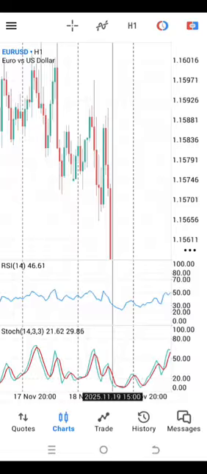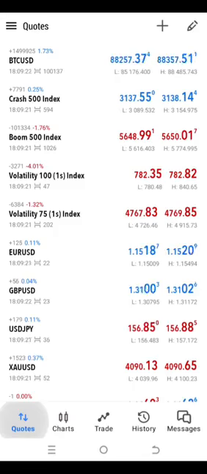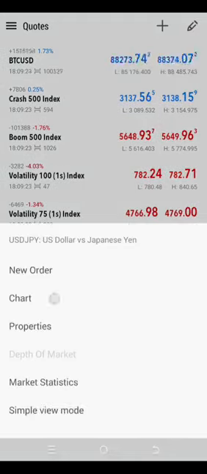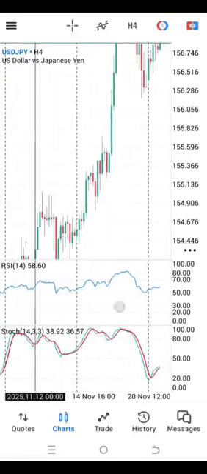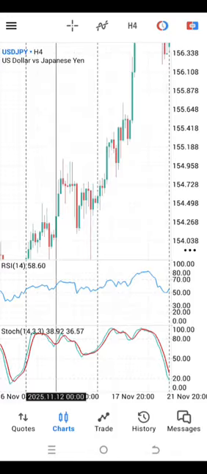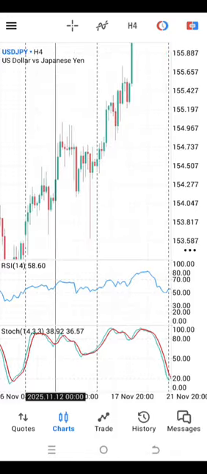Now let's look out for a buy setup. So I'm going to use another pair. Today I want to make use of the USD JPY. Now the market is trending. So what am I going to be looking out for?